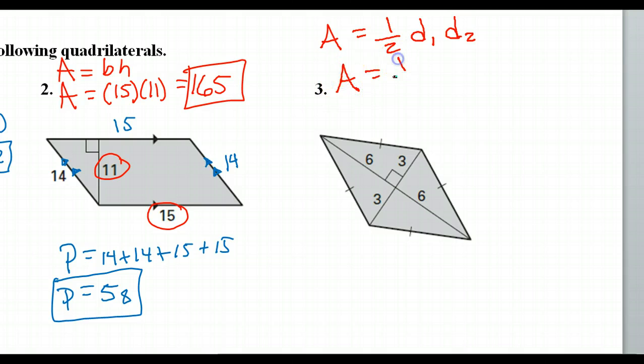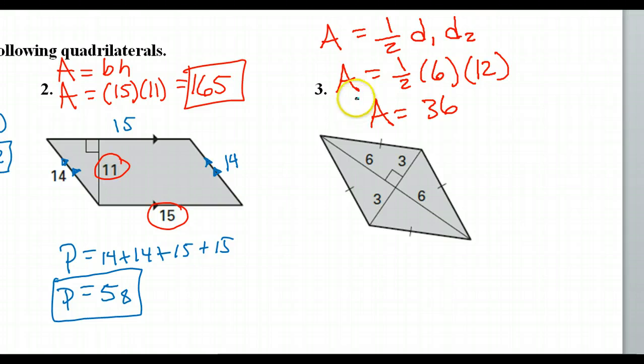So let's see, do I know both diagonals? Well, the shorter diagonal is 6 because of 3 plus 3. And the longer diagonal is 12, 6 plus 6. Okay, so it's just going to be 36. So that's going to be the area.